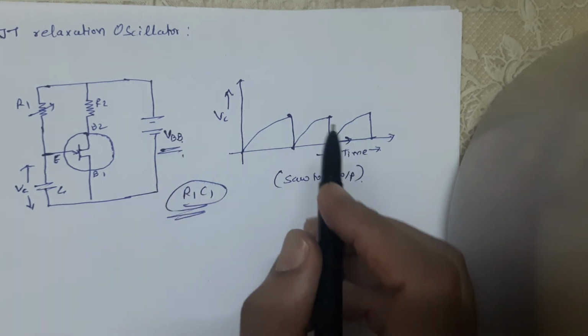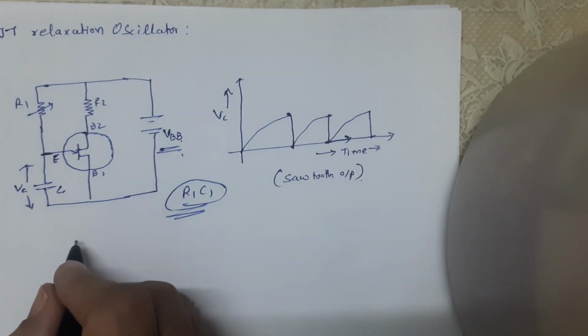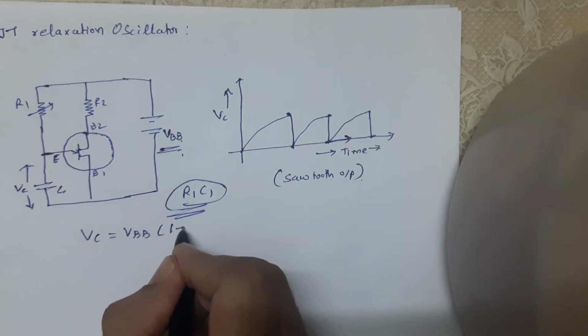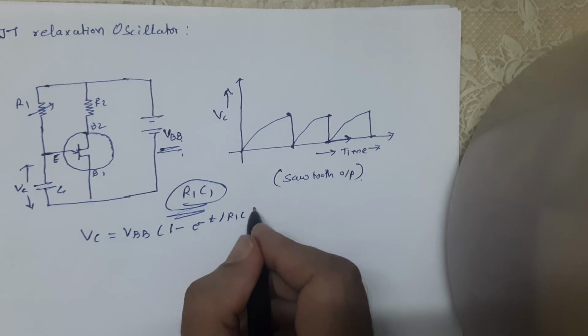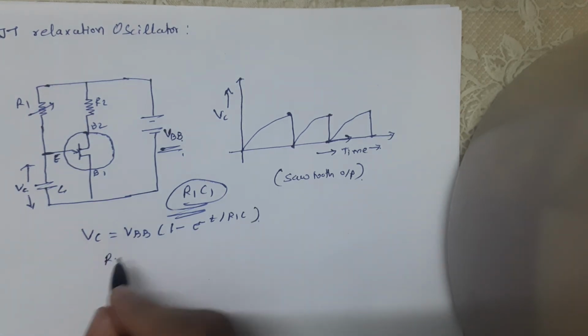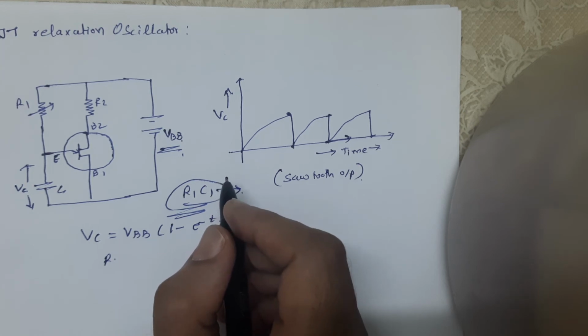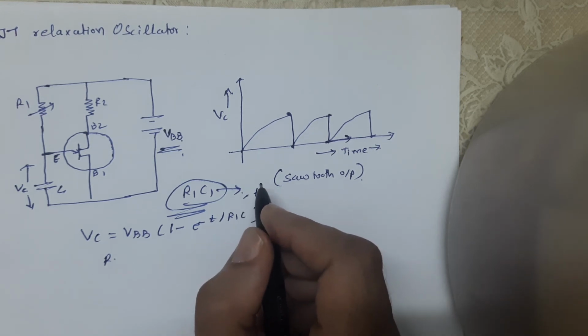To find out the frequency of this sawtooth wave, we know that Vc is equal to VBB into 1 minus e raised to minus t upon R1C, where R1C is nothing but the charging time constant of the resistor capacitor circuit. Small t is the time from the commencement of the waveform.